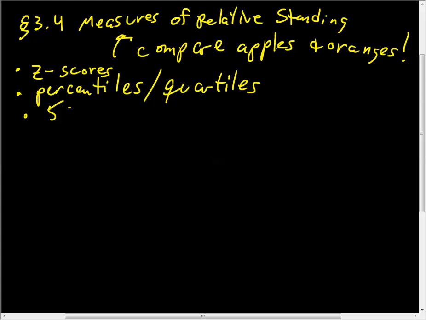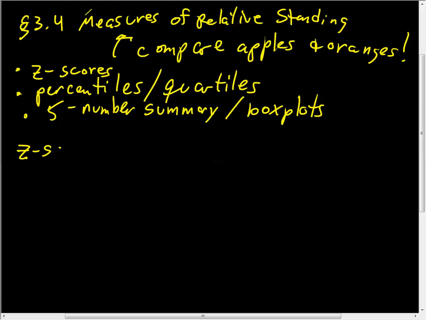Beyond that, we call the 5 number summary, leading ultimately to the box plots, otherwise known as box and whisker diagrams. So those are the main objectives for today's lecture, and let's talk about z-scores first.